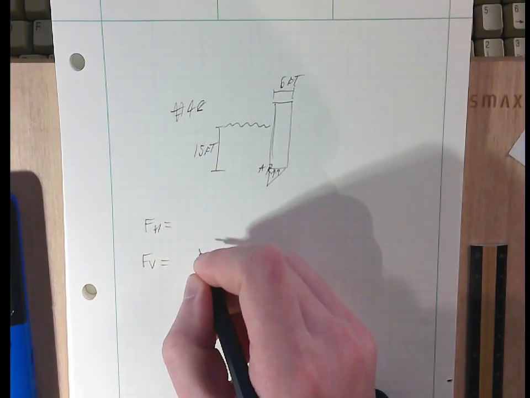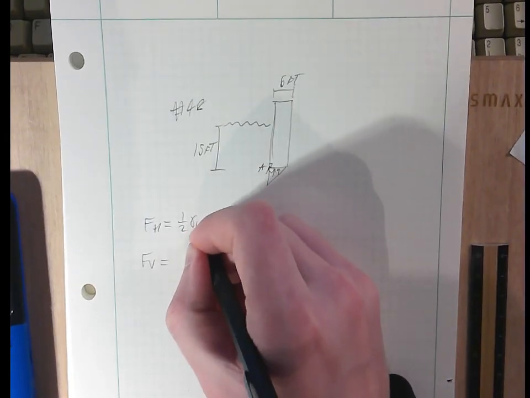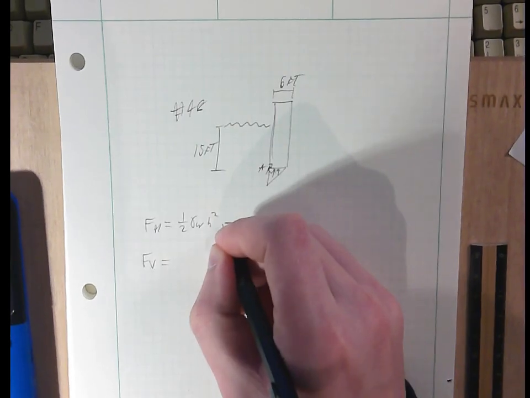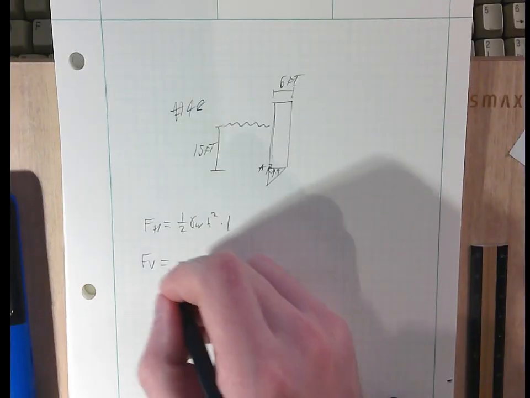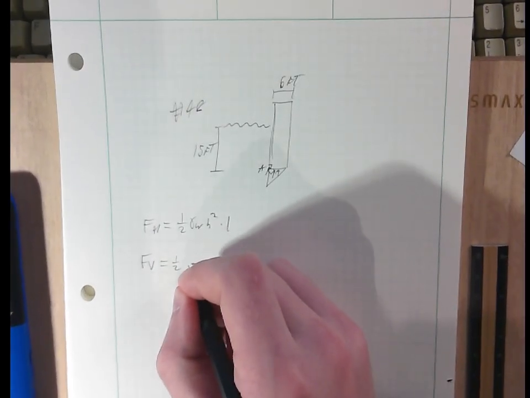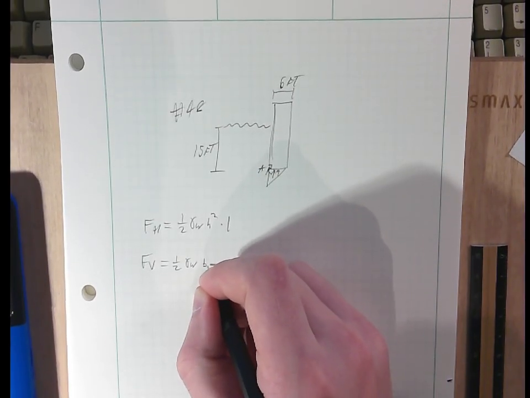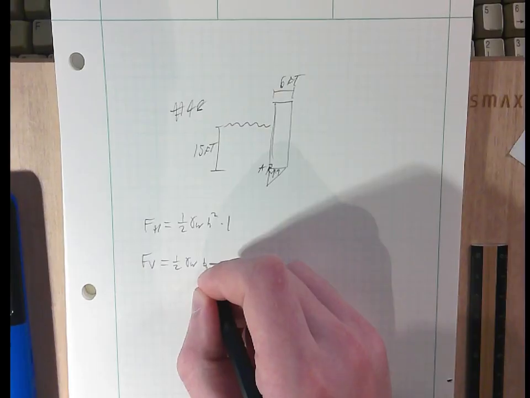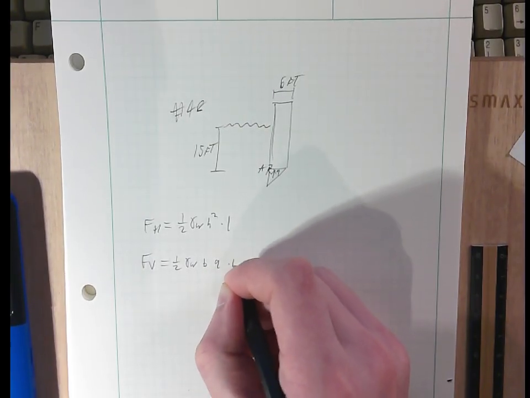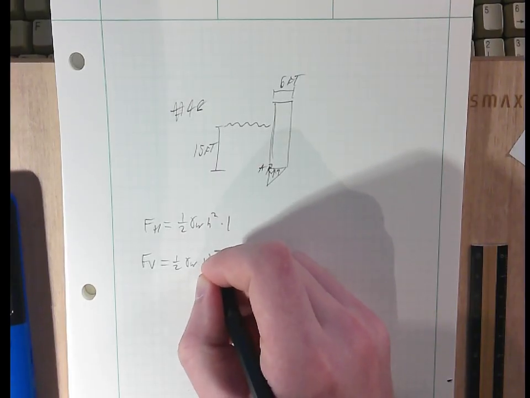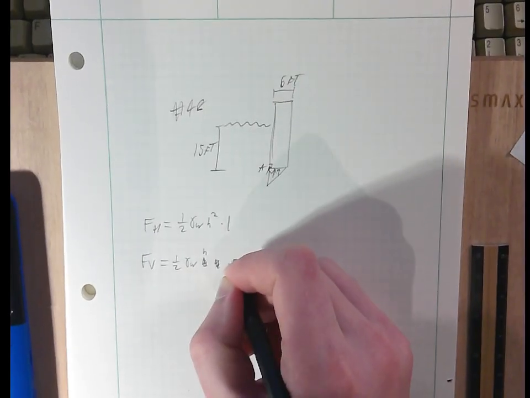The force horizontal is going to equal this equation, 1/2 gamma W h squared times 1, because we're looking at a 1 foot wide portion of the wall, and then FV is going to be 1/2 gamma W. It's listed as BA times 1, but we could say that this is going to be H times, we already have this, so I'm going to say that's our width.